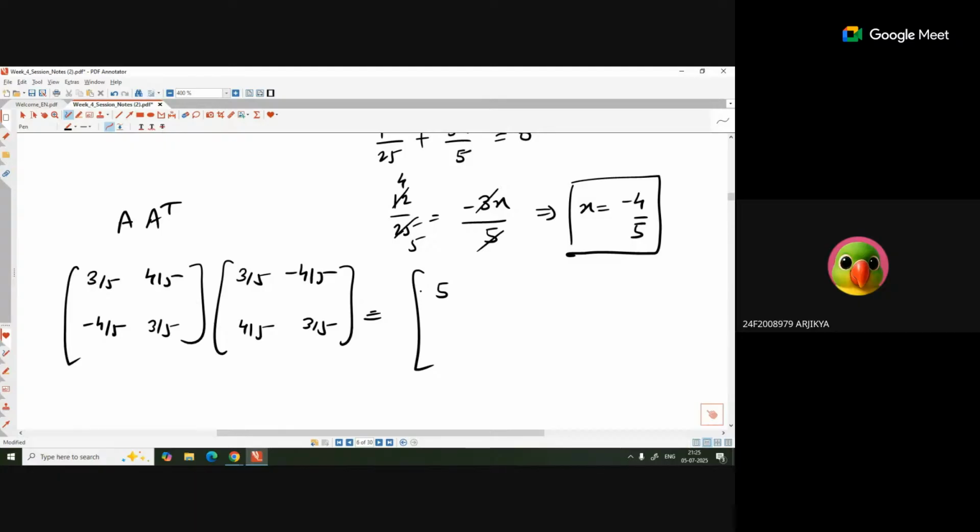Sir, is it a skew symmetric matrix? Check it out. It's 1, right? 9 plus 16 by 25, which is 1.